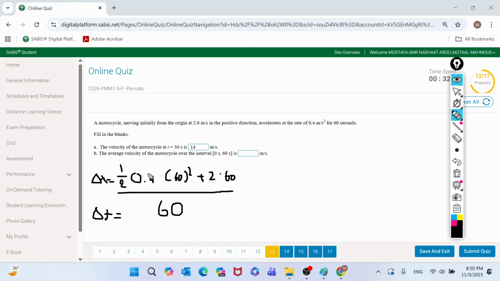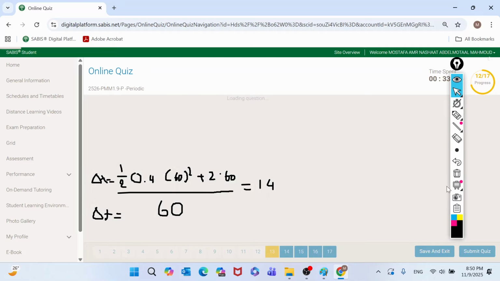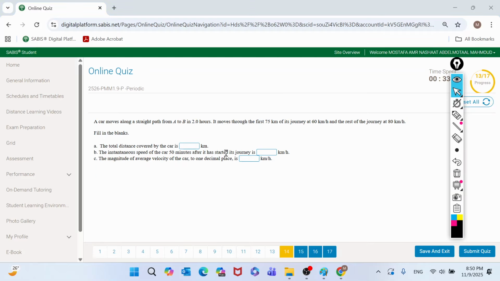You get 14. So that's equal to 14. Okay, guys, this question is the same as this one, yeah? 135, 60, and 67.5. The same everything, so 135, 60, and 67.5.